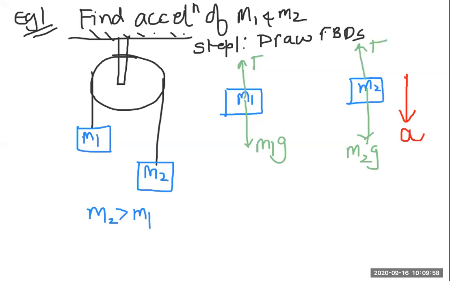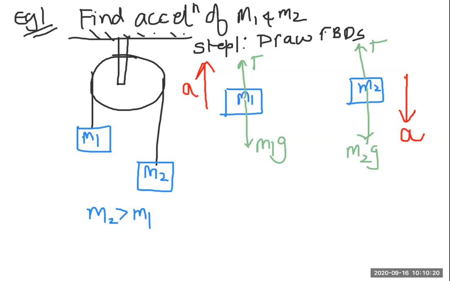है, और अगर M2 नीचे जा रहा है तो M1 किधर जा रहा होगा? M1 is going up, and I will write its acceleration as A. Should I write their accelerations as A, or should I write it as A1 and A2?